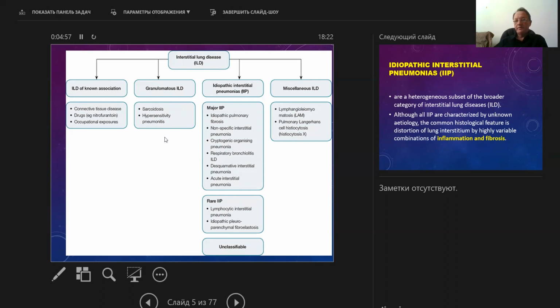And today we will pay great attention to idiopathic interstitial pneumonia. This is also a group of diseases with unknown causative factor, unknown origin. We will speak about it later. And miscellaneous interstitial lung disease, including pulmonary Langerhans cell histiocytosis, lymphangioleiomyomatosis.